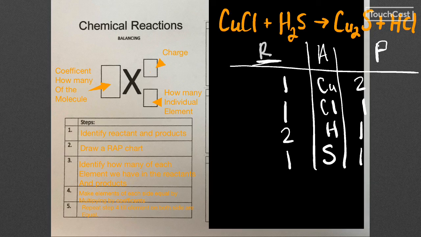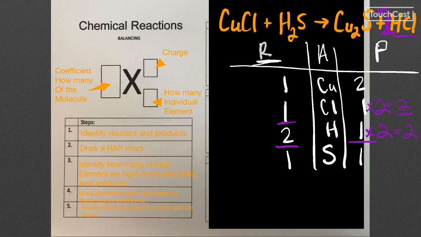And so what we're going to do is, if you notice, hydrogen's got a 2 here and a 1 here. That means we need to multiply the hydrogen by 2. And since it's in a compound, we have to put the 2 in front, which means I'm also multiplying my chlorine. Now, that means I have 2 chlorines and 2 hydrogens now. So I have 2 here and 1 here.